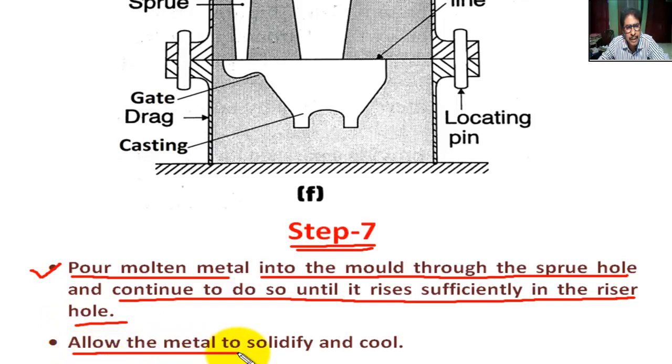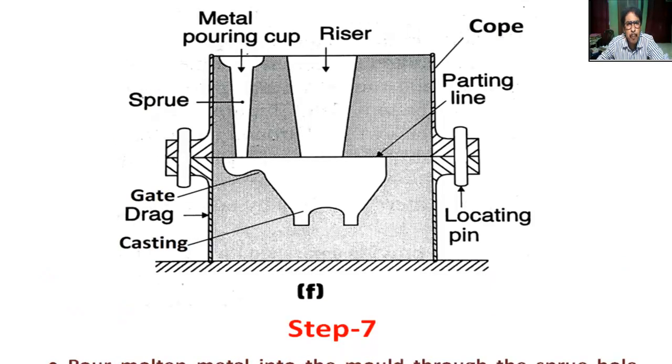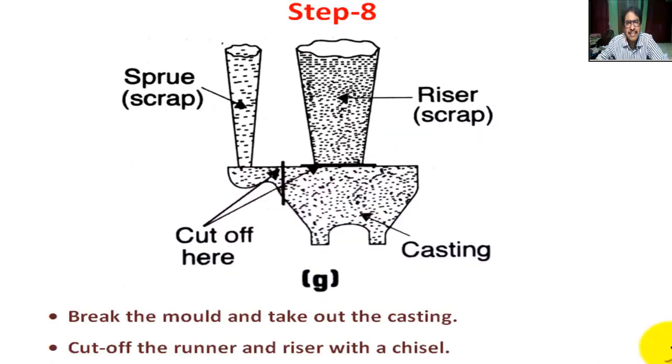Next, allow the metal to solidify and cool. Pour the molten metal through the sprue until it sufficiently fills up to the riser. Next, it solidifies and cools.